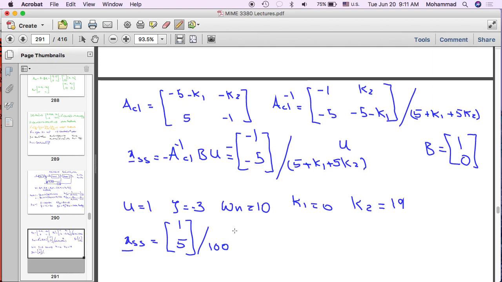And this times u. So that tells you that x1 steady state is equal to 100, and x2 steady state is equal to 500.